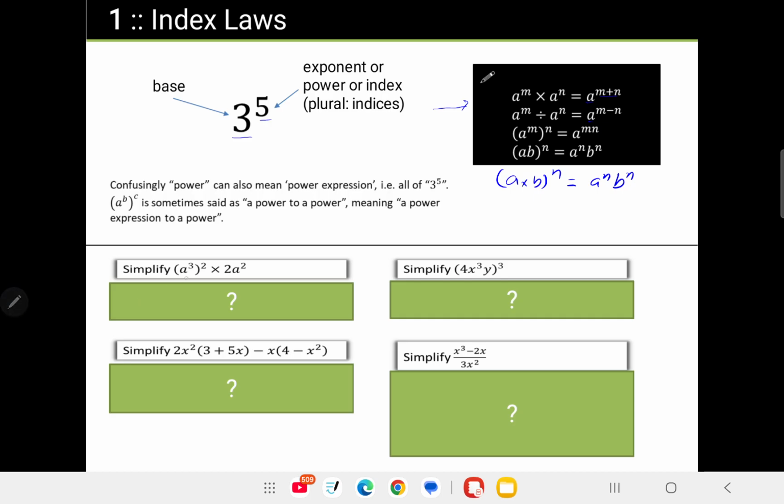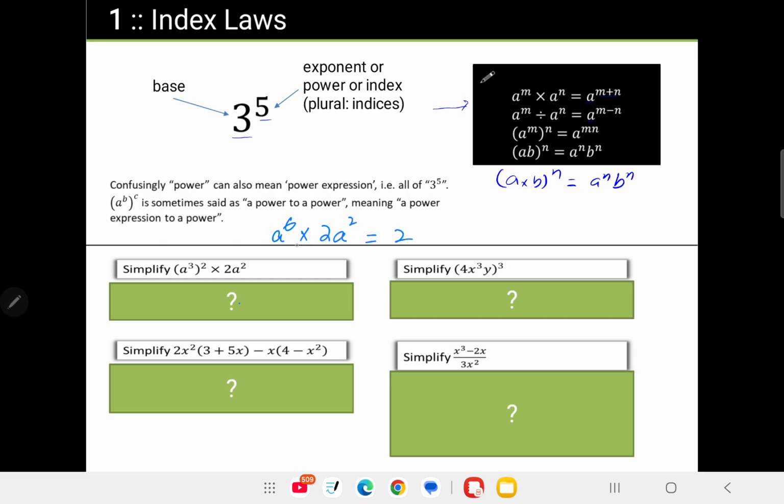We have to simplify a to the power 3, whole squared, times 2a to the power 2. As we know, if you have double powers, we multiply the powers, so it will be a to the power 3 times 2, which is 6, times 2 times a to the power 2.